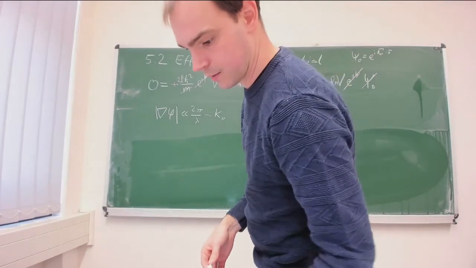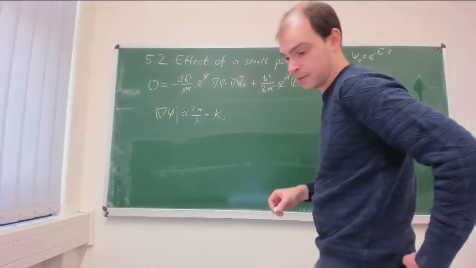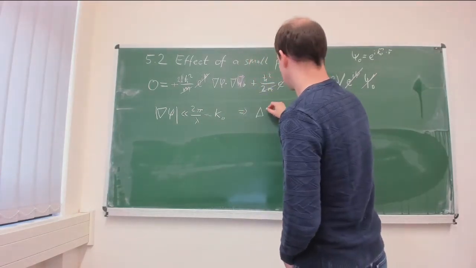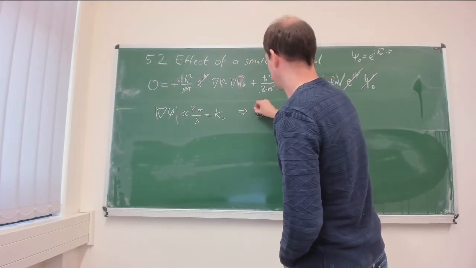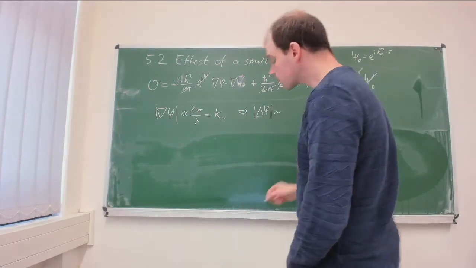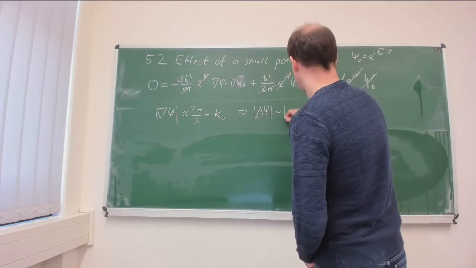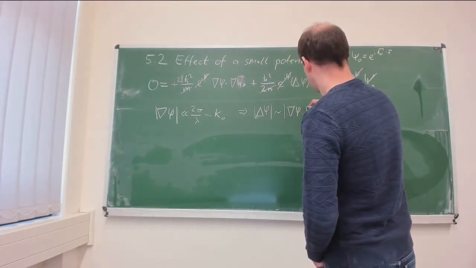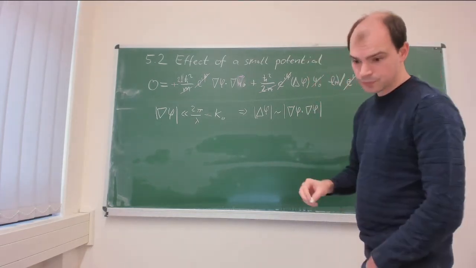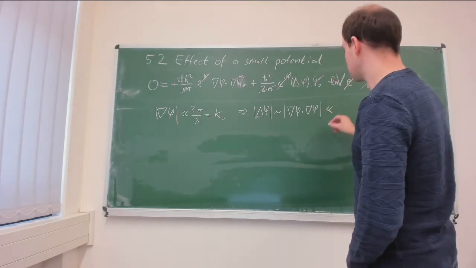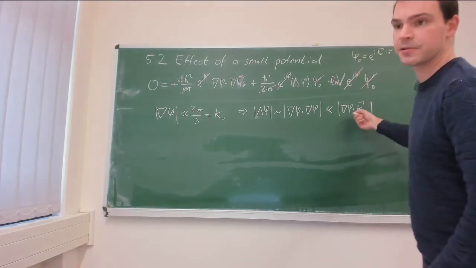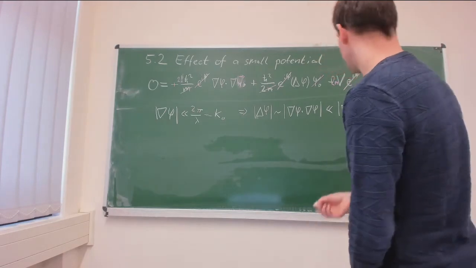Okay. And this implies that the absolute value of the Laplacian of phi terms, which is somehow of the order of nabla phi, if you want, should be much smaller than the nabla phi dot k0 terms.